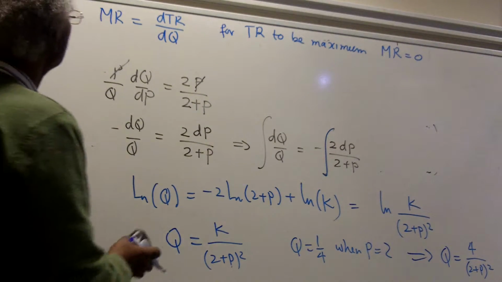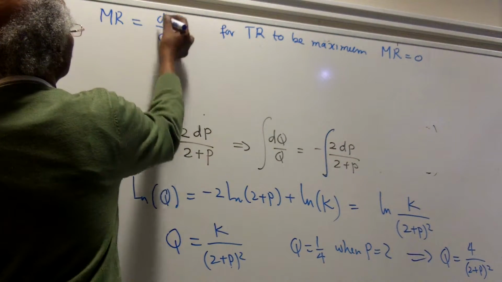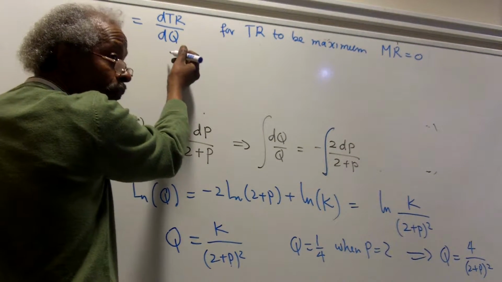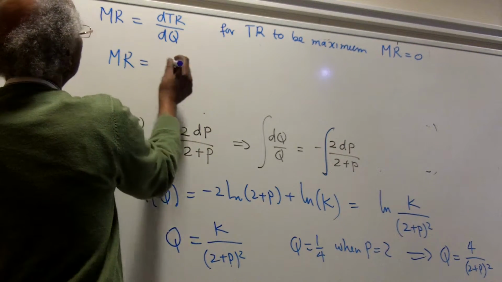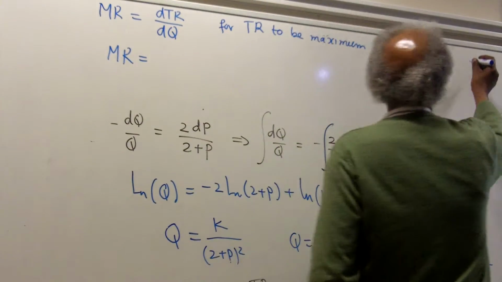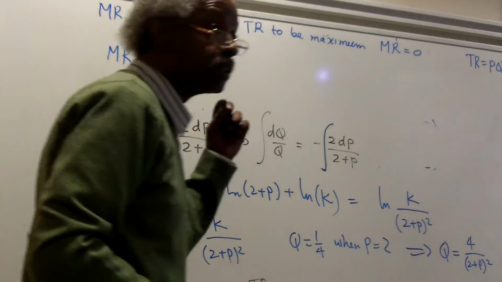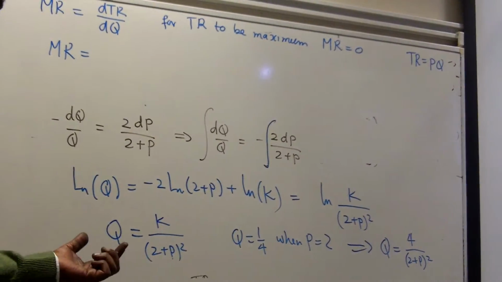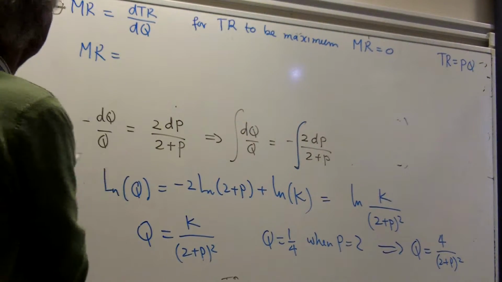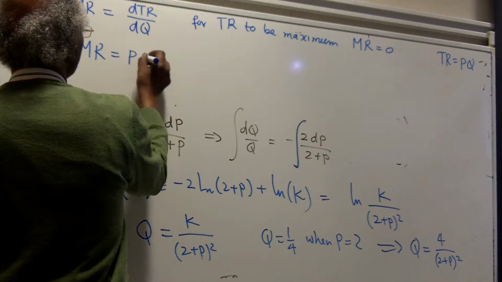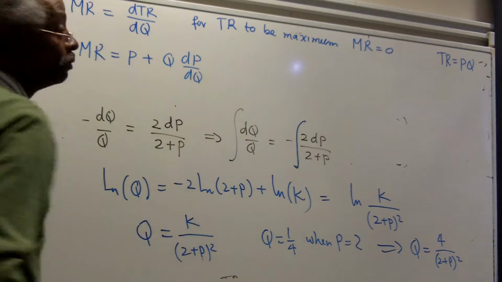So I'm going to work out this expression now, starting from PQ, and differentiate with respect to Q. TR equals P times Q. This time we differentiate with respect to Q, but it's very similar to differentiating with respect to P, just interchanging the role of Q and P as previously. So you are going to end up with P plus Q dP by dQ, like so.